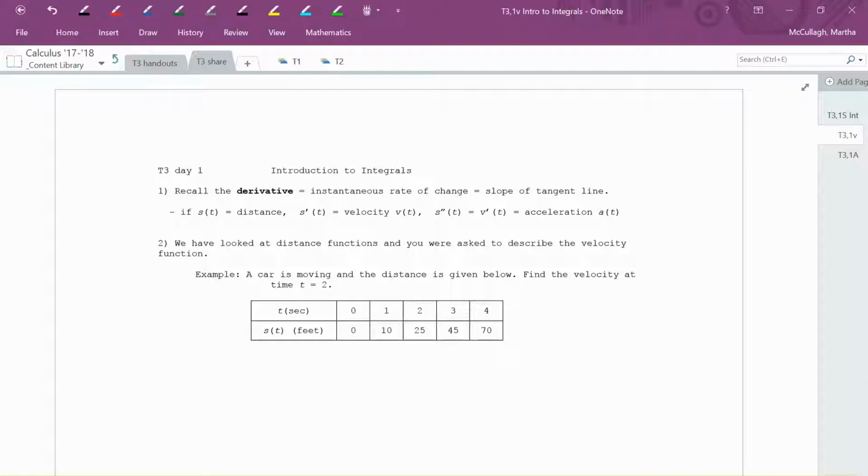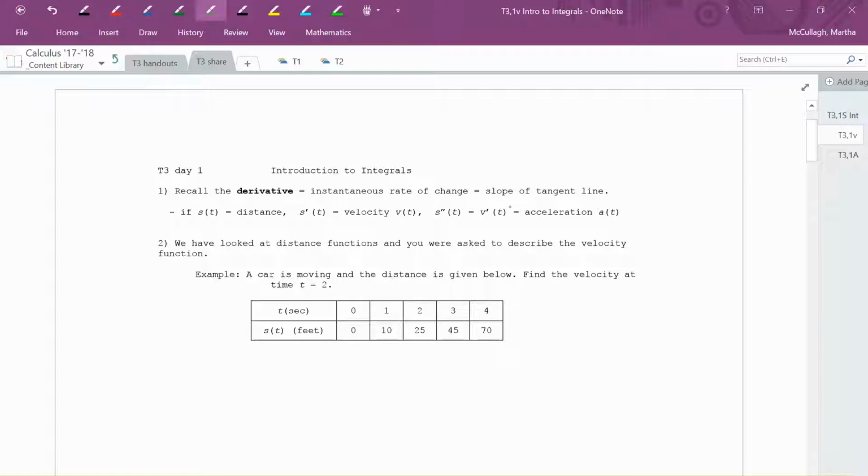So one of the first things that we want to remember is if we have a basic function, we'll call it s of t, our distance function. If we take the derivative of that function, we get the velocity. Derivative of distance is velocity. If we take the derivative of velocity, which is the second derivative of distance, we get acceleration.